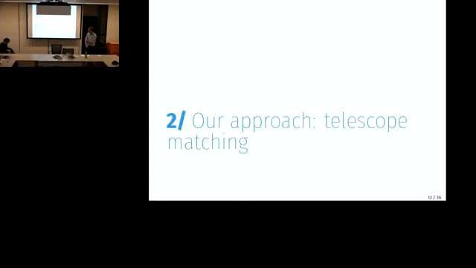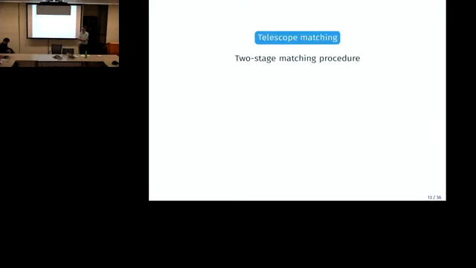Okay, so what we're going to do is focus on trying to weaken some of those modeling dependence issues and advocate this idea of what we're calling telescope matching. And this is essentially going to be a two-stage matching procedure. So we're going to move backwards in the causal ordering.